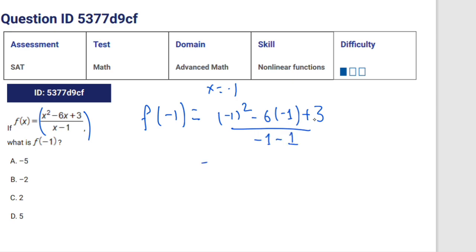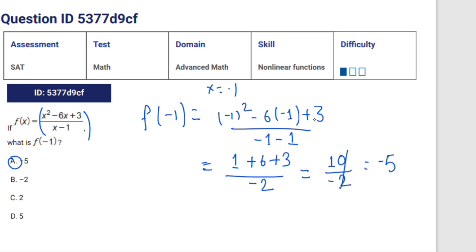Alright, now (-1) squared is 1, and -6 multiplied by -1 is plus 6, and then plus 3. Adding these we get 10, and the denominator is -2. So by dividing we get -5. So A is our right answer. Next question.